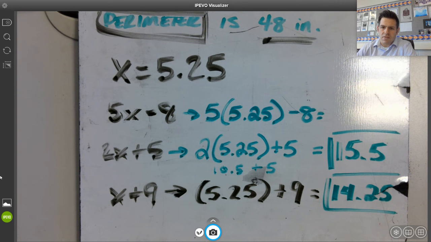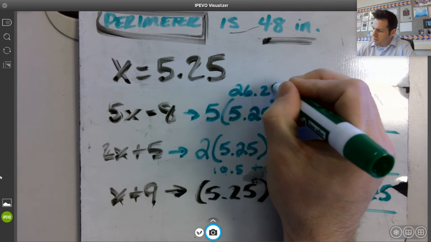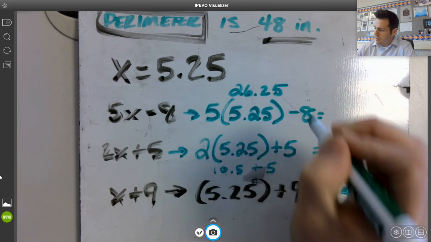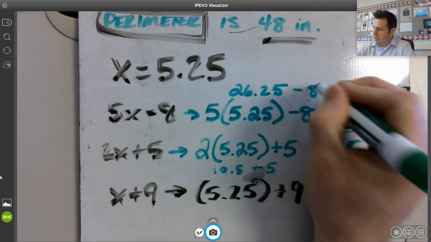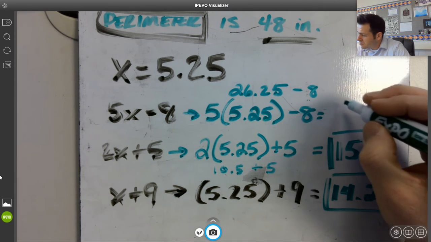You might need a calculator for that one. I believe, if I'm doing my math work here right, I get 26.25 when I do that. And I want to subtract 8 from that. 26.25 minus 8 would be 18.25.